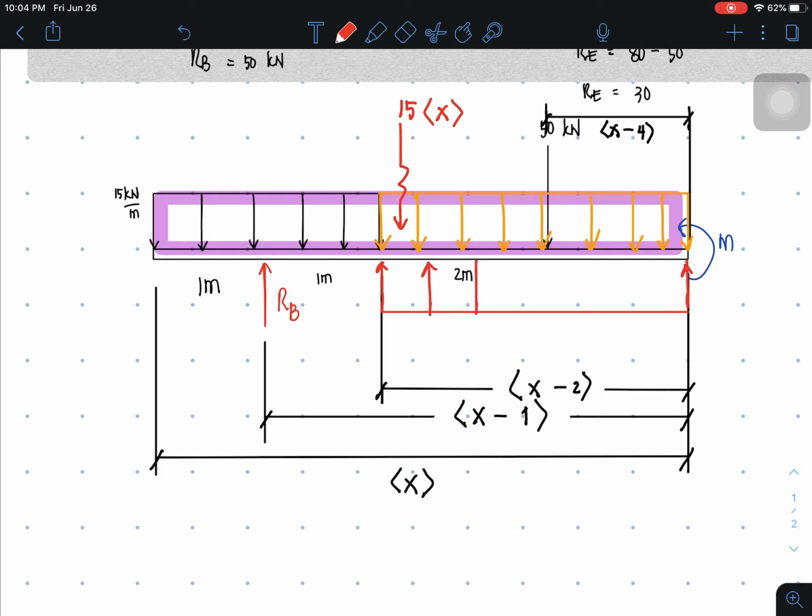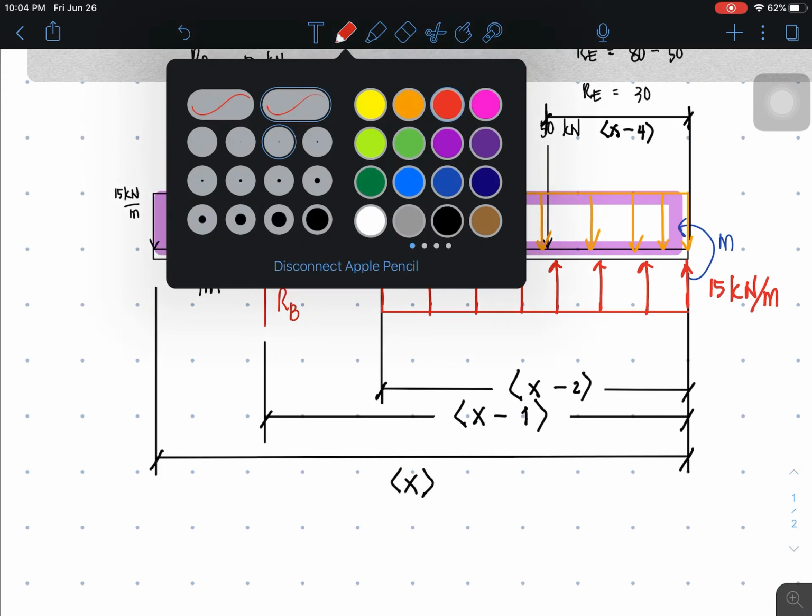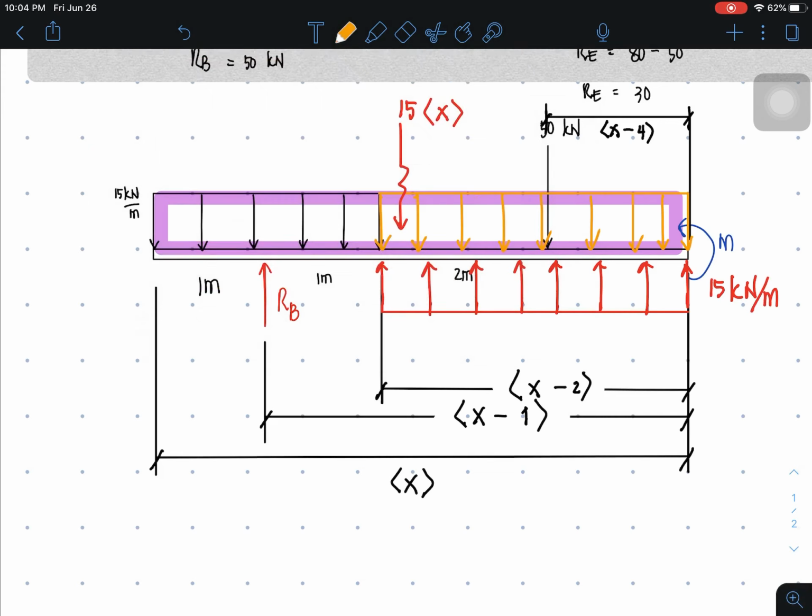So this is the same amount but opposite in direction. So that's 15 kilonewtons per meter. So kung ano to yung resultant. So the resultant is 15, the product of this and the moment arm or the length of distribution.